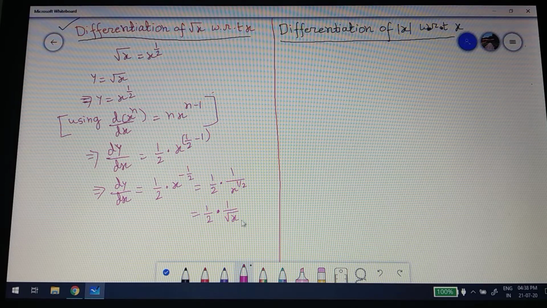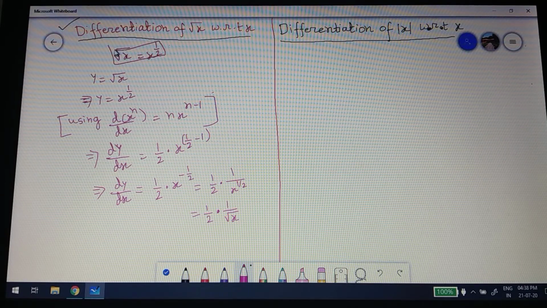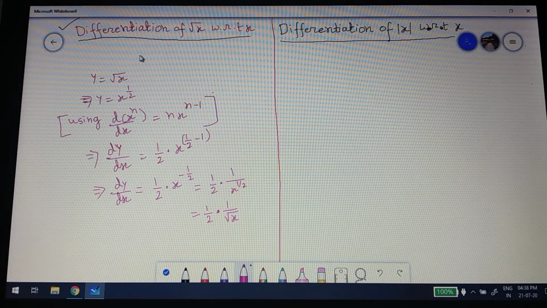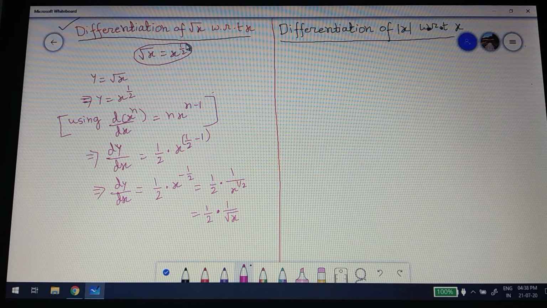Because x to the power half is root x, I have told you here when I started the sum. Root x equal to x to the power half. This was our prerequisite knowledge.